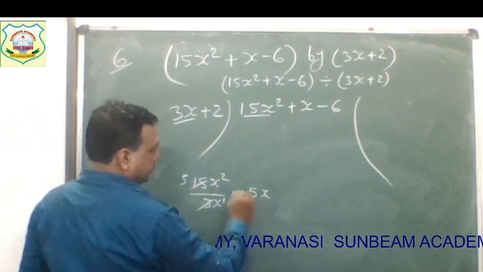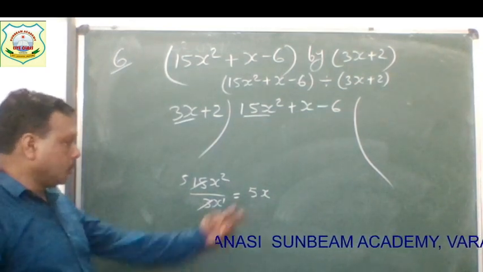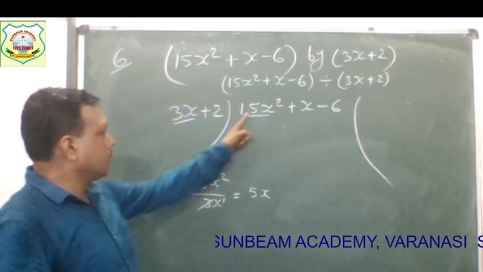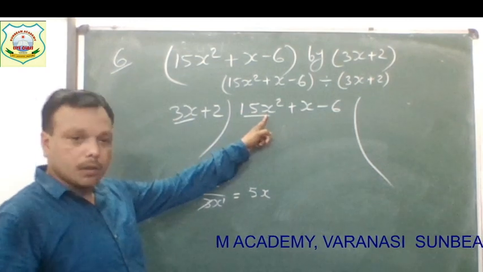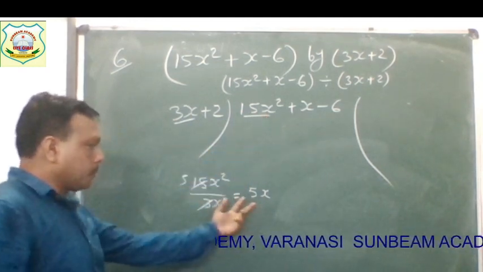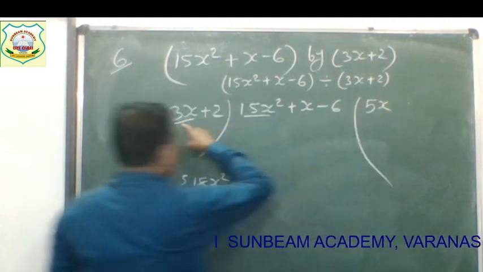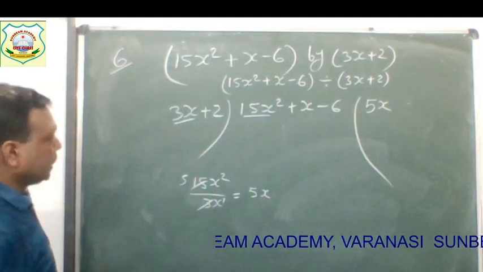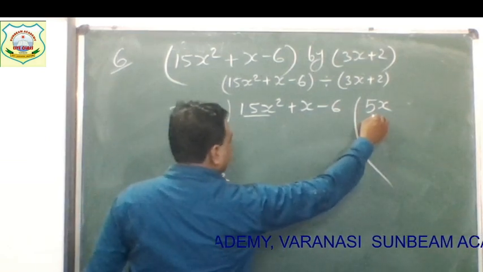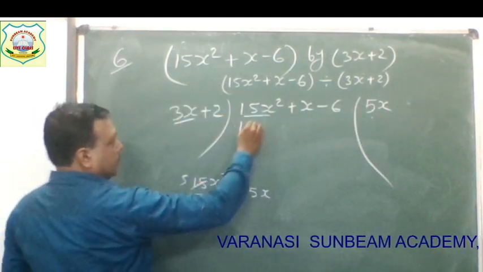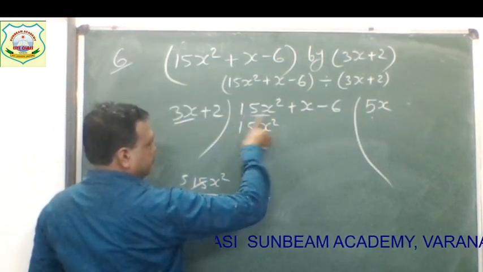We can check also, 5 times 3 is 15 and x into x square. So what we have got is 5x, and 5x is multiplied to all these terms. 5 times 3 is 15, so 5x multiplied by 3x gives 15x square.